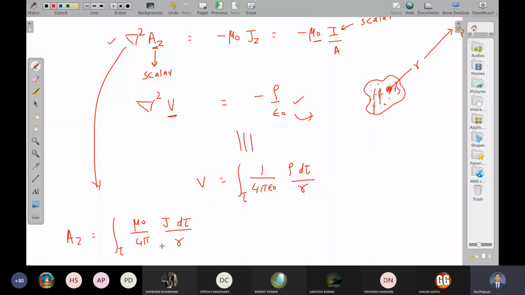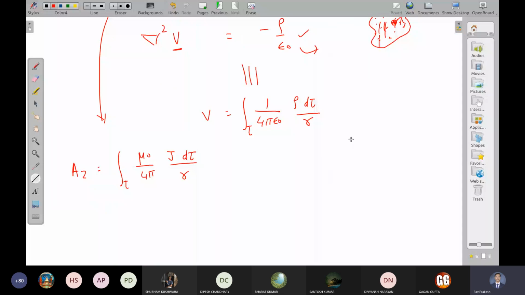What is the object here? This is the object, this wire. So we take a small piece of this wire, let us say this much only. This has length dl and area a. So what is j d tau?